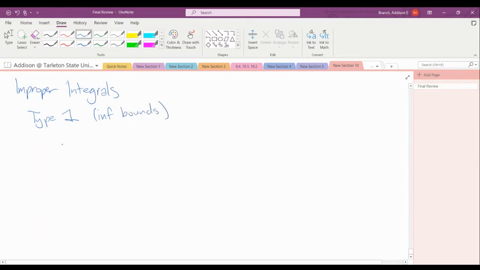Usually one or both of your bounds will go to infinity. For example, you could have some constant a to infinity of f of x dx. If you need to solve that, remember you take the limit as t goes to infinity of the integral from a to t of f of x dx. Any place where you can't evaluate, you replace that with a limit.